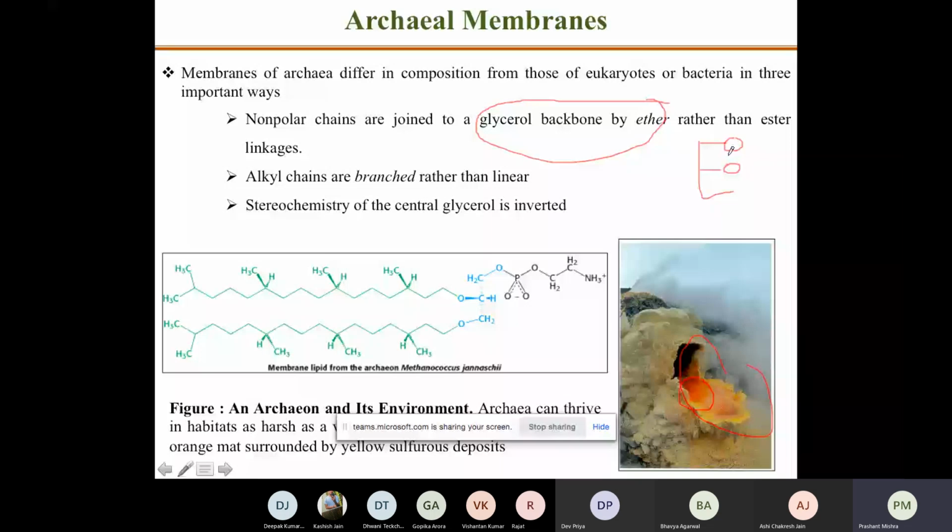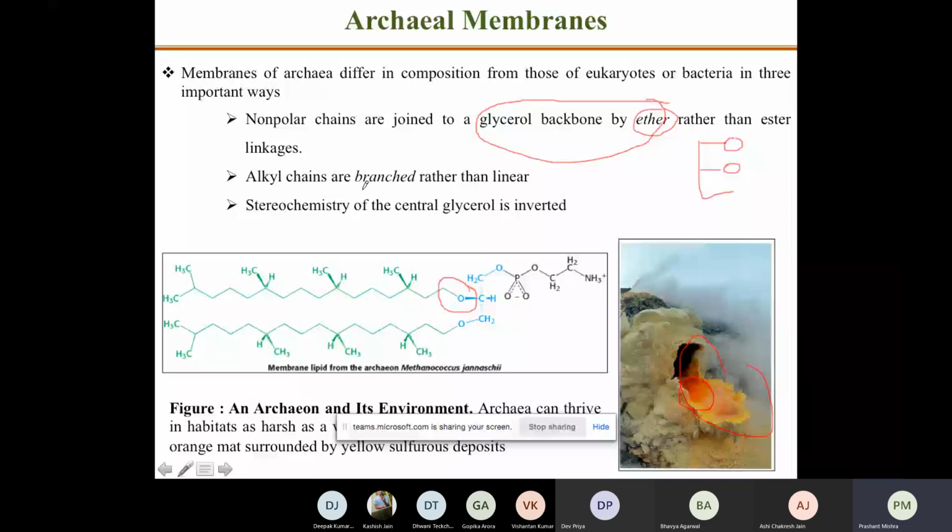It is an ester linkage. But in the archaeal membrane, the bonding between the fatty acid and the glycerol chain is an ether linkage. So the linkage differs: an ether linkage in the archaeal membrane compared to an ester linkage in other organisms.